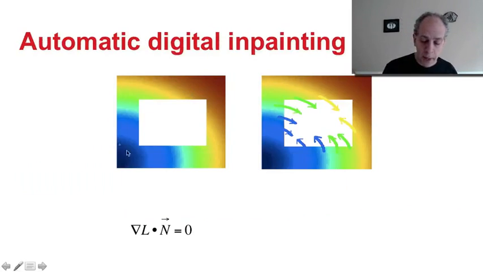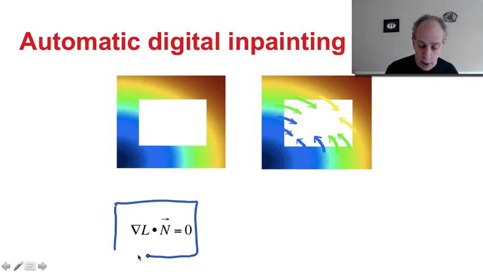So we have the image outside and we have a region of missing information inside, and we want to propagate the information from outside in. The way we're going to do that is with this equation. This is the first component of image inpainting with partial differential equations.